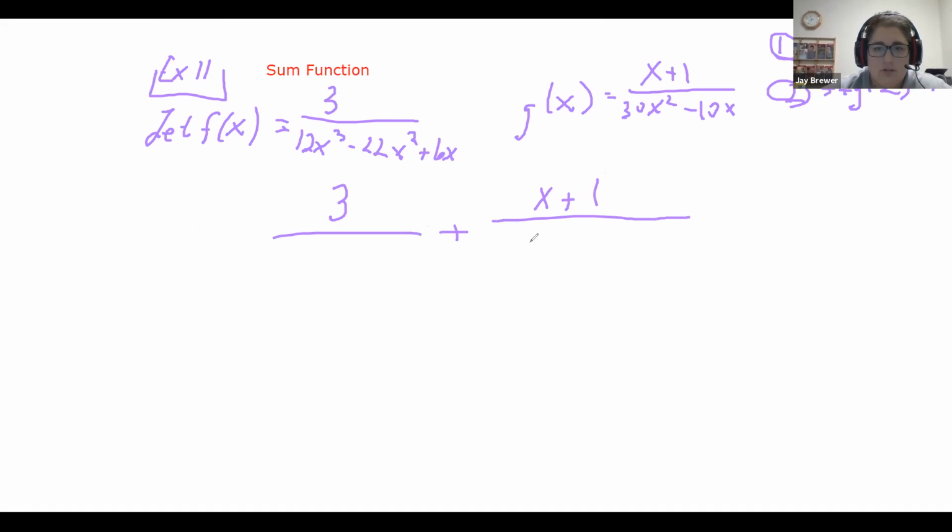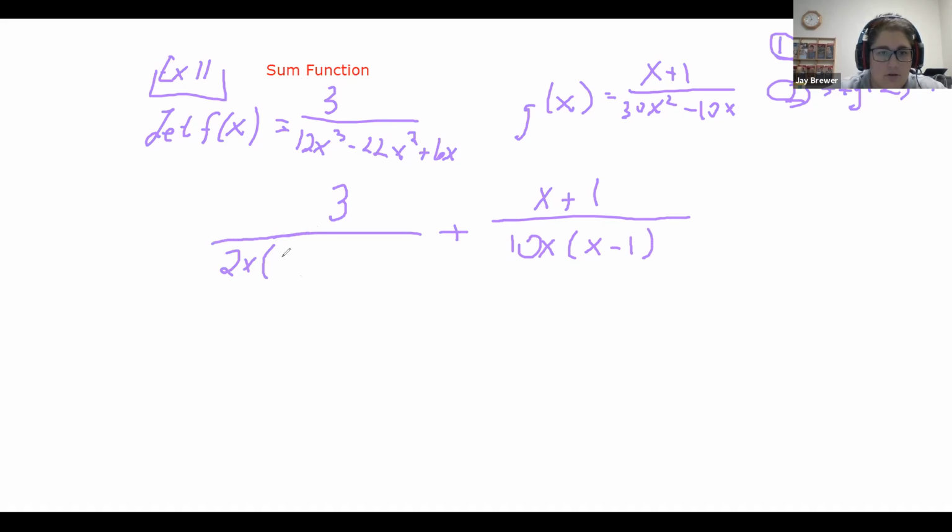So g of x is actually a little bit easier to factor first. So we're going to pull out a 10x, and then we're going to have left x minus 1. All right. And then the second one, you can pull out a common factor of 2x.